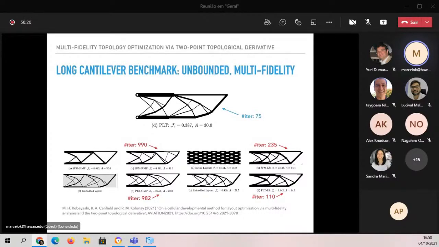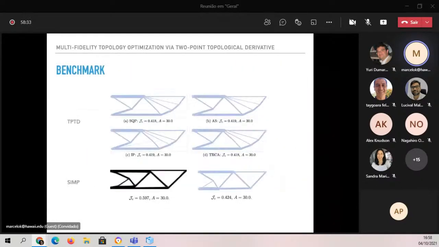And I can't comment on that, but perhaps if somebody is interested in another question. But you see here that another thing that is interesting is that you can have some different layouts, but with very similar values of the functional.